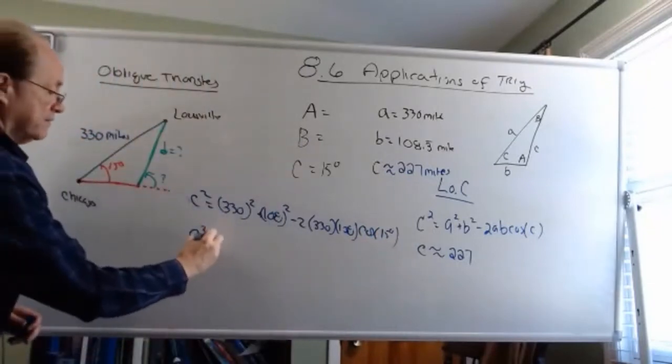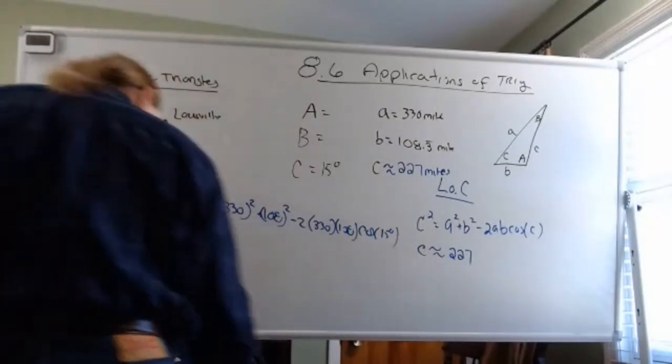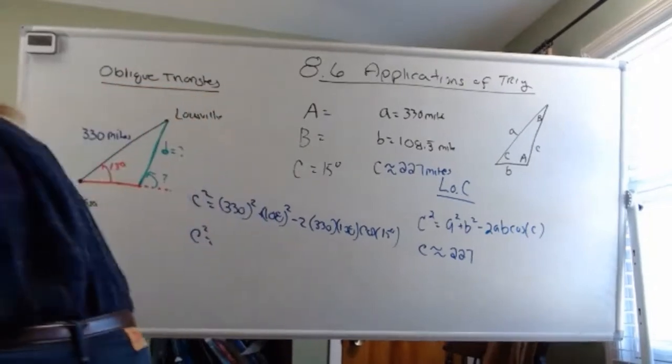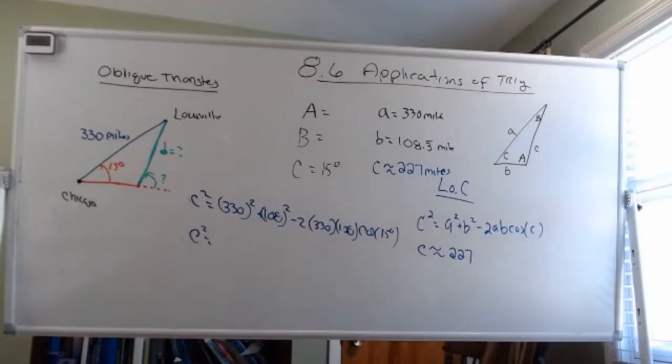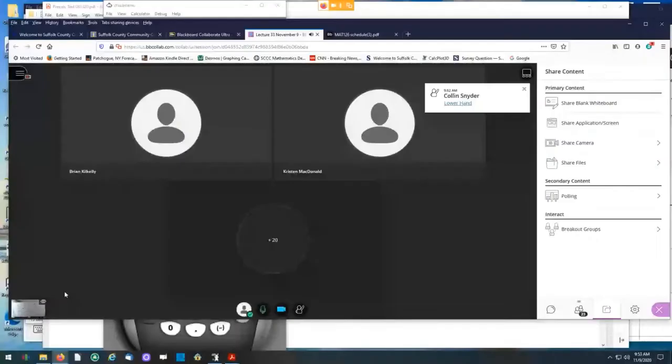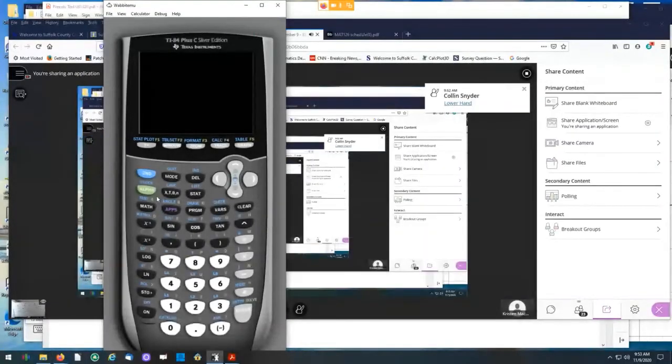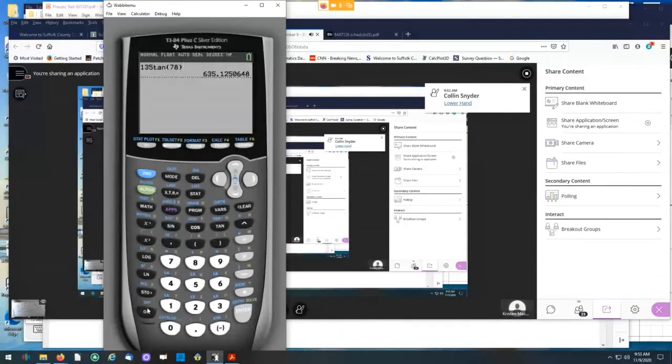So I get c squared. Just plug everything into your calculator. Let's just do all the complicated calculation. My calculator is already set for degree measure, so I don't have to change that. So I come over here, let's see, turn it on.